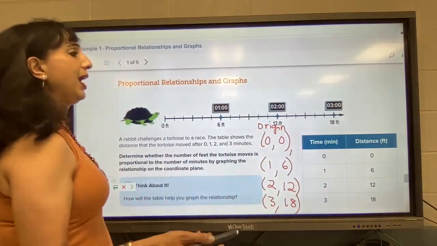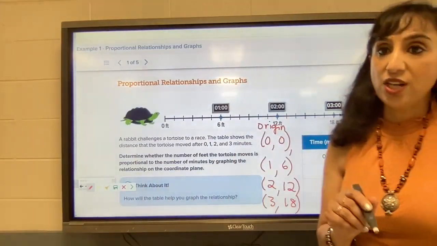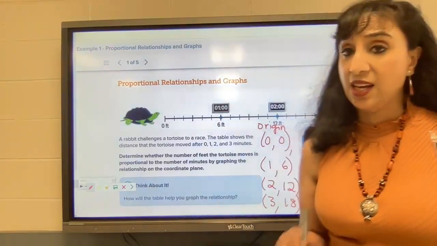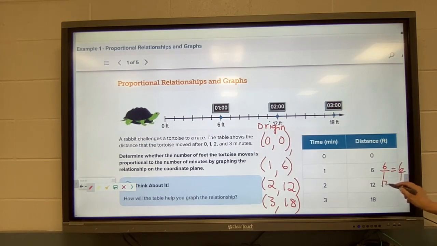If I'm looking at this and I am finding the constant, and remember the constant, which is k, is also equal to y over x. Okay, so if I do y over x, of course this is the origin. So here, y over x, I get 6, right? 6 over 1 in simplest form. 12 over 2, again I get 6 over 1. 18 over 3, I again get 6 over 1.